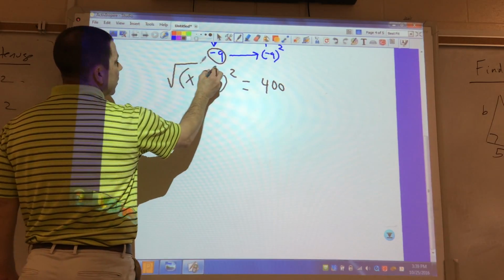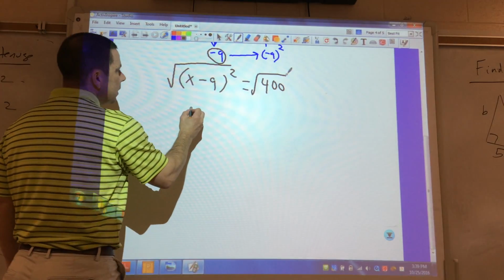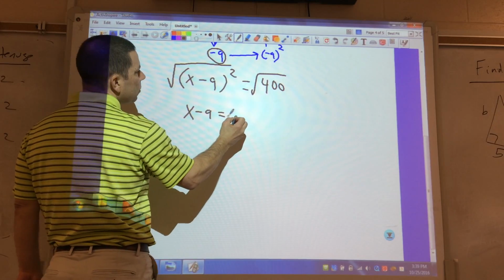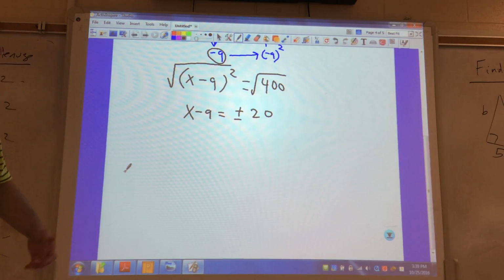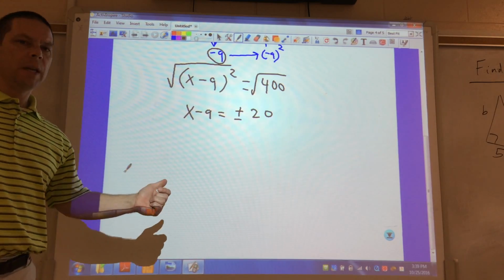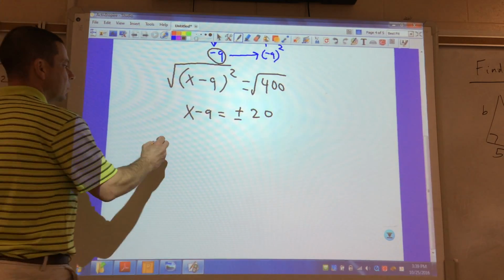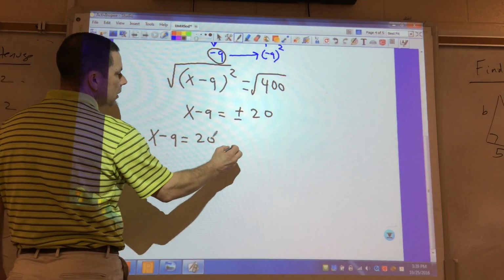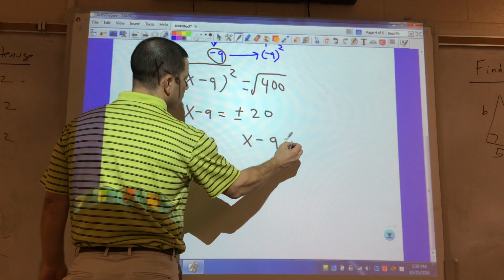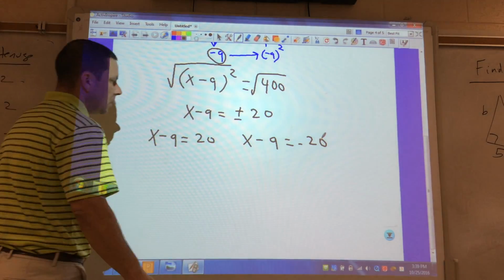So we take the square root of this side, square root of this side, and x minus 9 equals plus or minus 20. It's fine if you go ahead and solve and get your two answers in your head here. I'm going to write it out just so we can see it clearly. X minus 9 equals positive 20, or x minus 9 could equal negative 20.